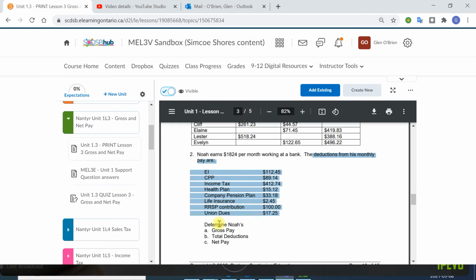So what do we have to find? We have to find A, the gross pay, B, the total deductions, and C, the net pay. Alright, so I'm just writing all this stuff down, and I'll show it to you guys now.